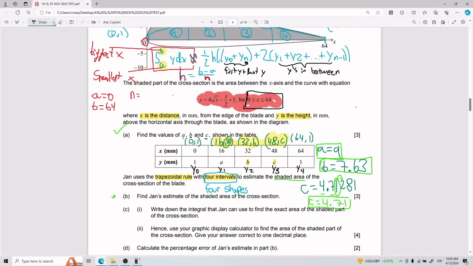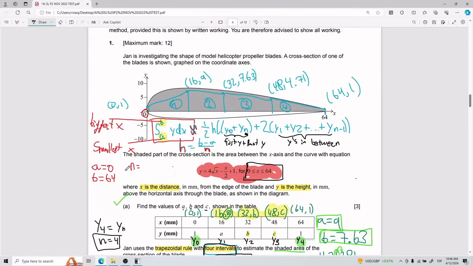So y0 is y0, of course, and yn is your last y, which is y4. So n has to be 4. There are my 4 intervals, my 4 shapes. n equals 4.